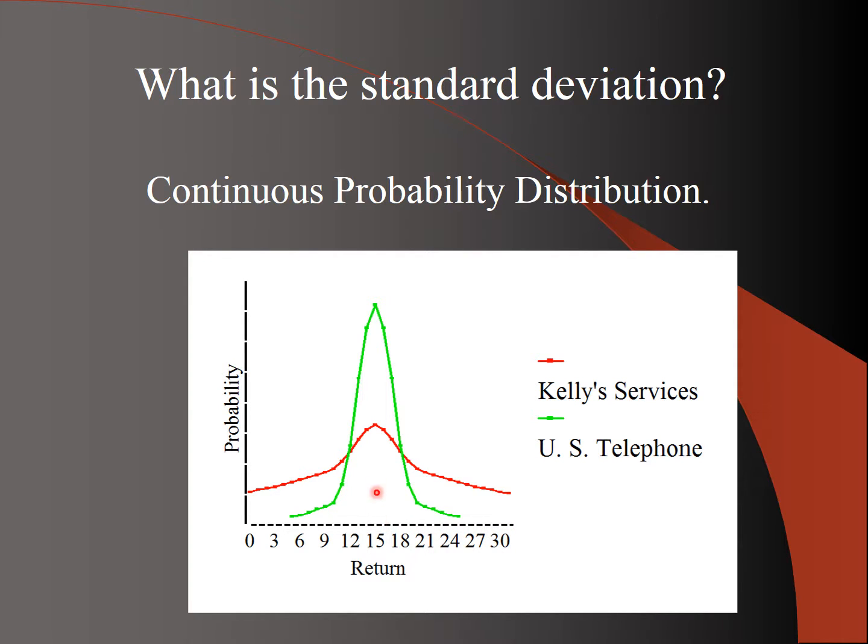With US Telephone, remember, the expected rate of return was also 15%, but in our discrete probability distribution, our return would only vary between 10% and 20%.